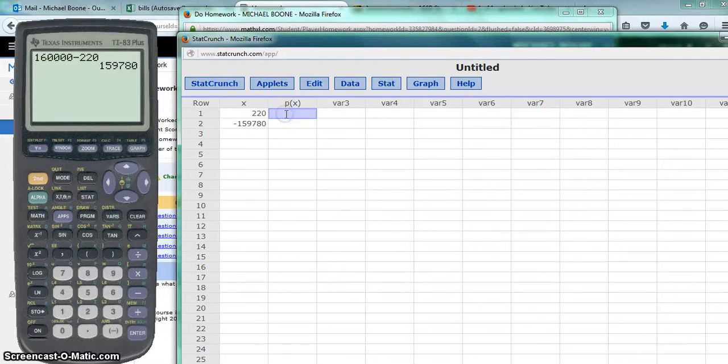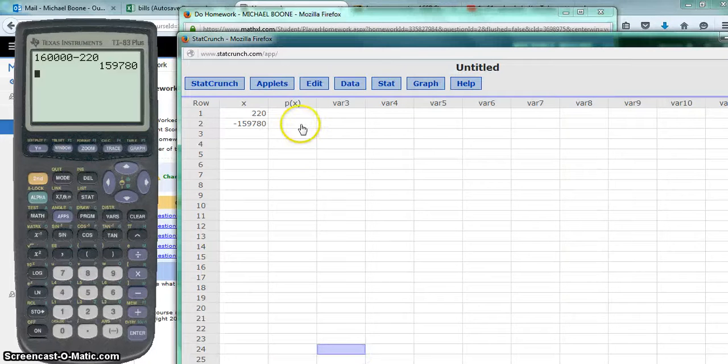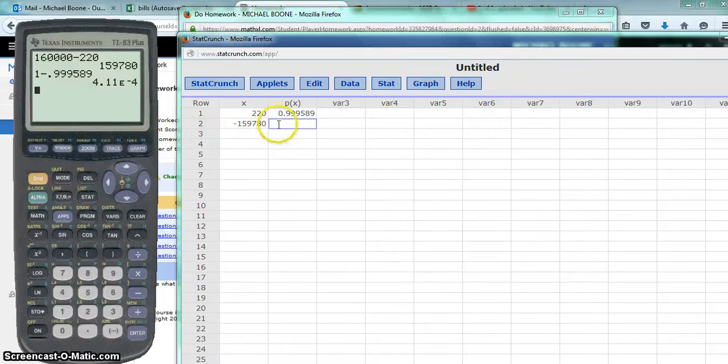Well, they gave us the probability that this person lives, 0.999589. The probability that the person dies, again, those probabilities have to add up to 1 or 100%. So I could say 1 minus 0.999589. So I get a really tiny number, 0.000411.